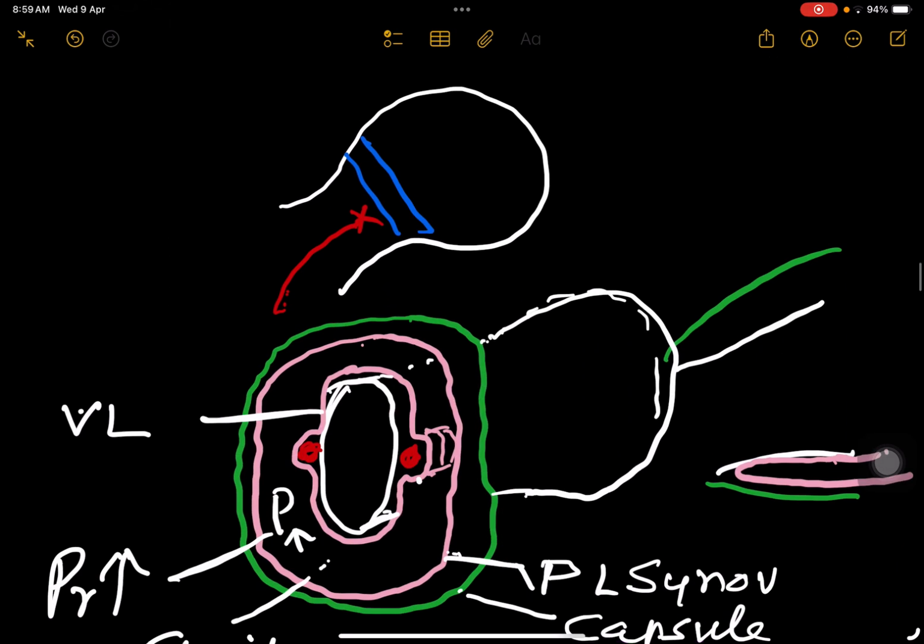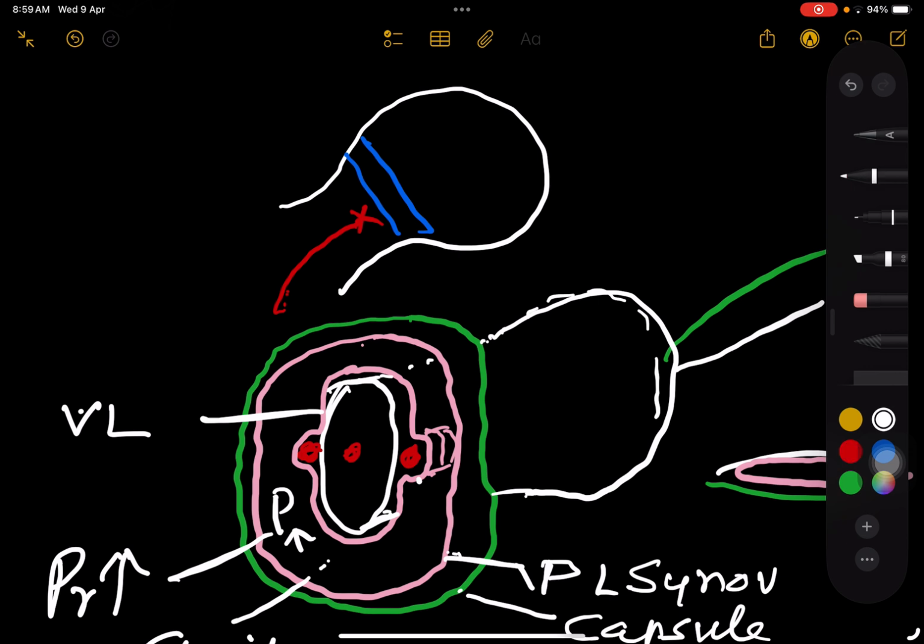So here is the neck of femur. Around the neck of femur, if this is the head and here is the capsule and the synovium is going like this and reflecting on the capsule, this is the synovial cavity.